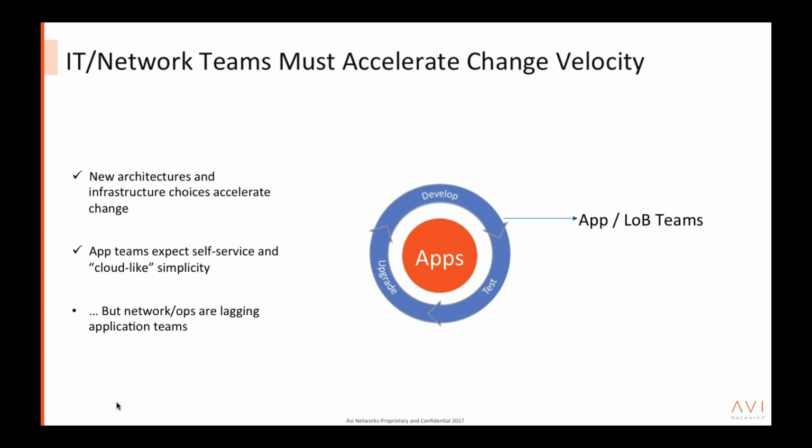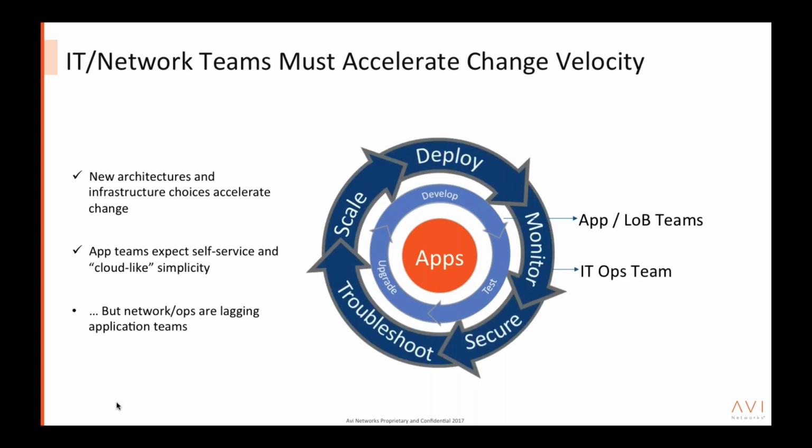They don't want to be opening up tickets to the ops and the networking team, but they want to do everything in an automated fashion on their own. So that is putting pressure on your ops and the networking team, where you need to be actually faster than what the app teams are doing on their own. You need to be able to deploy the infrastructure, monitor it, secure it, troubleshoot it, and scale it out, all of this automatically, so you can respond to and hopefully stay ahead of what your app teams are looking for.